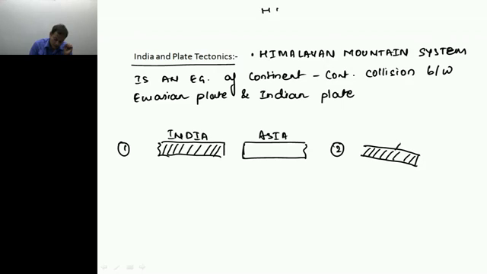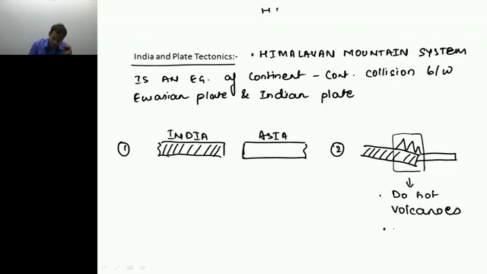But due to extreme collision, there was high folding of the sediments from both plates. As the Indian plate did not get subducted into the mantle, the Himalayan mountain system does not have volcanoes. But obviously it is associated with dangerous earthquakes.